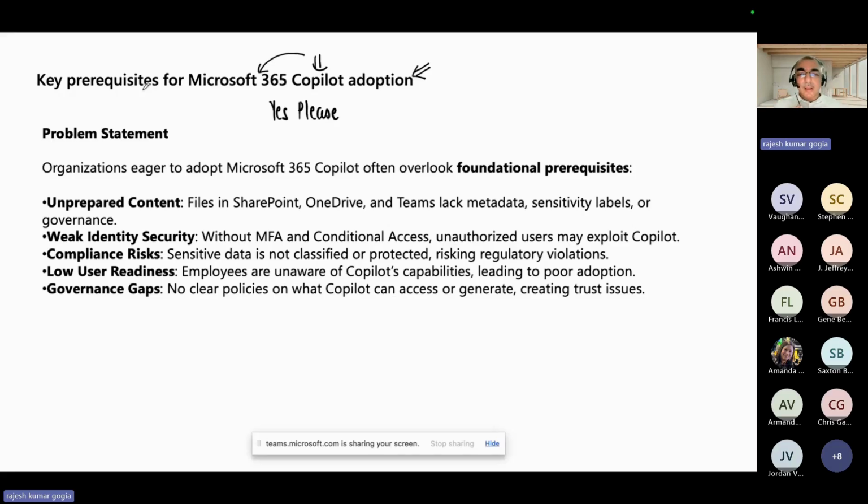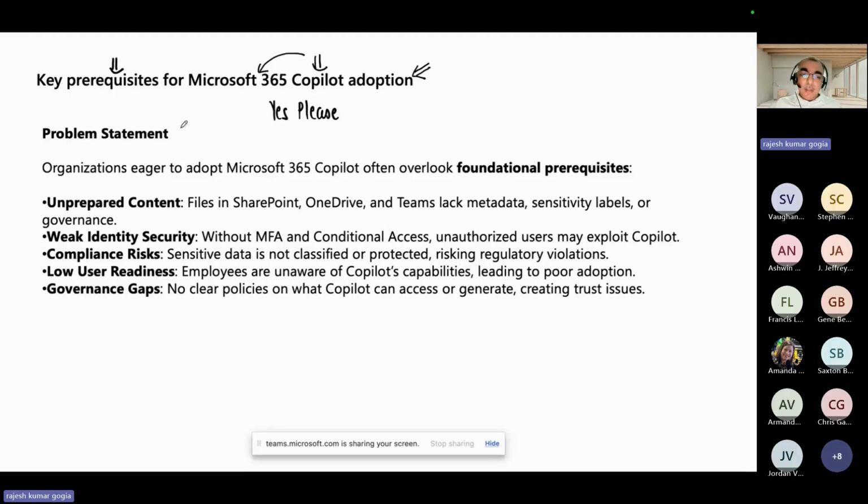The tools and other tools to be installed. Definitely yes, the prerequisites are very important. Same goes with Copilot as well. That means if the organization has already planned to adopt a product, the question here comes up with a prerequisite. Definitely yes.